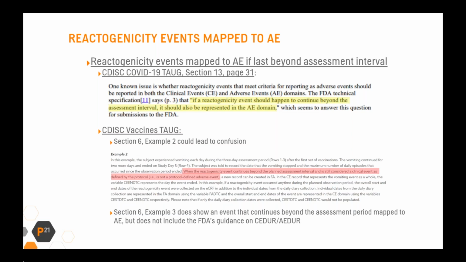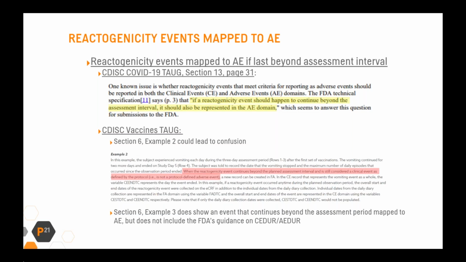I think this is misleading because this is saying you should rely on whatever your protocol defines and ignore FDA guidance, which I think is a bad idea. So I think you definitely want to follow what the FDA requests, or at least discuss with them if you plan to go against that.